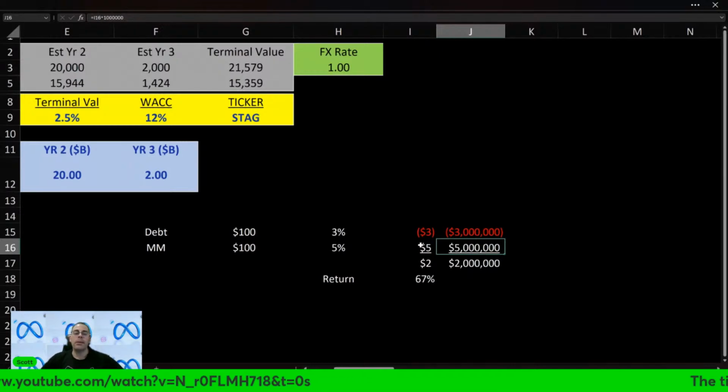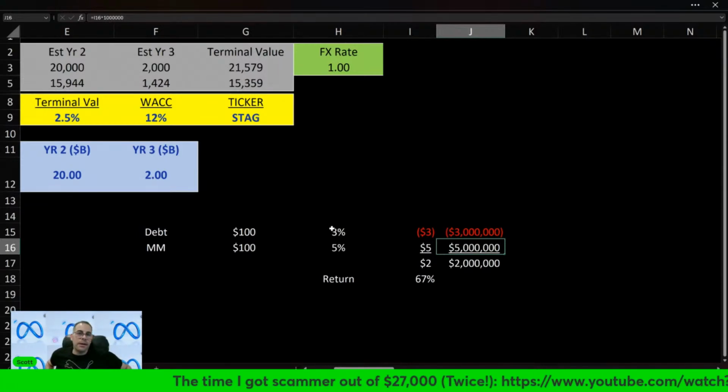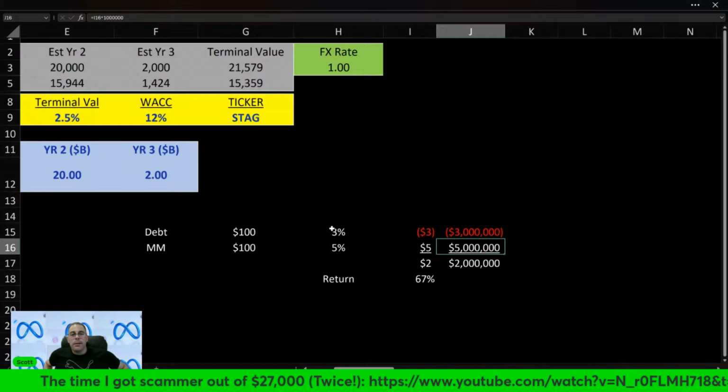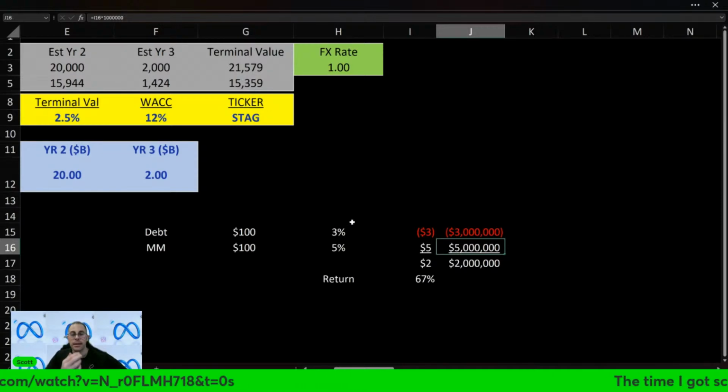Obviously, if money market was 5%, no bank in the world would be lending at 3%. Every bank would be lending at like 12%, 15%, because a mortgage is a low rate. Even when rates were really low, a personal loan would still be like 6% at the least.